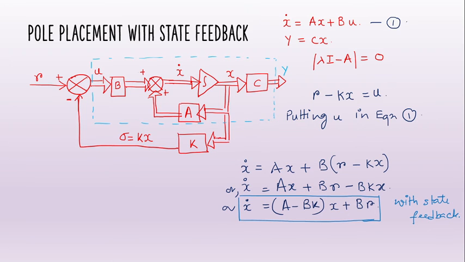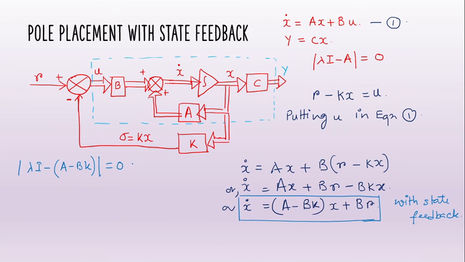Now if this is your system, what will be the closed loop poles of this whole system? The poles will be determinant of lambda I minus, instead of A, now the system matrix is A minus BK, equal to 0.